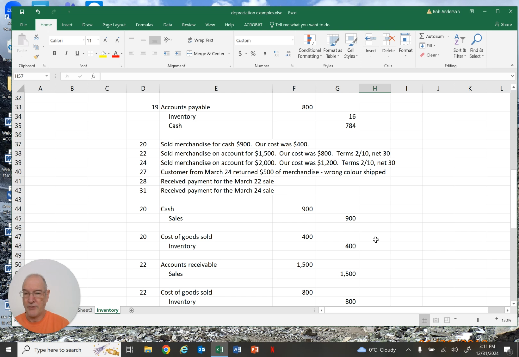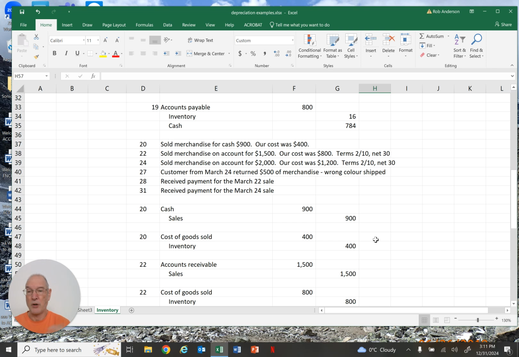So this is a big difference, because if a customer returns goods and they're perfectly fine and not broken, we're going to put them back into inventory and sell them to someone else. That means we need a journal entry to put them back into inventory. However, if someone returns goods to us because they're broken and unsellable, then we're not going to, of course, put them back into inventory, and there is no second journal entry.